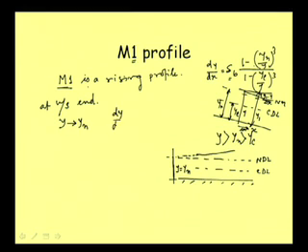What will happen to dy dx? It is equal to SB, then 1 minus (yn by y) whole cube divided by 1 minus (yc by y) whole cube.